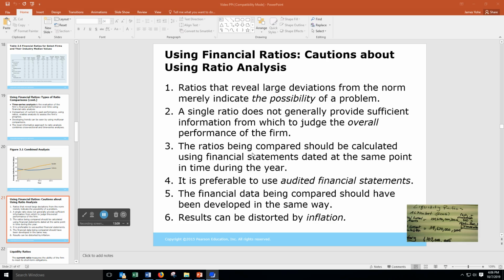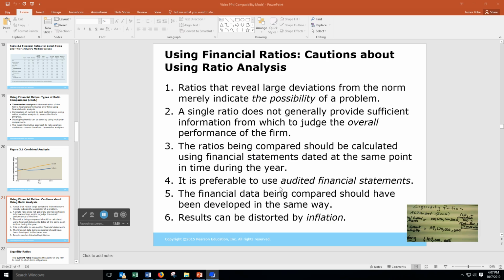The ratios being compared should be calculated using financial statements dated at the same point in time during the year. So if we're using time series, we want them all dated on the same day. If we're looking at annual statements, we want them all on, say, September or October 31st or January, whatever, the same day. It's preferable to use audited financial statements. These are more reliable.